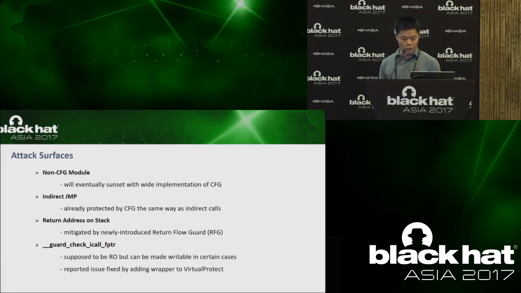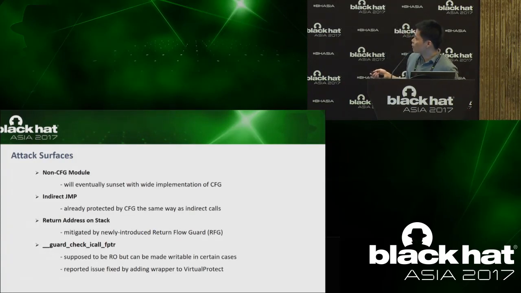But we think this attack surface will eventually sunset with wide implementation of CFG. Indirect jump: this attack surface has already been mitigated by CFG the same way as indirect calls. Return address on stack: this attack surface has already been mitigated by the newly introduced RFG, return flow guard.